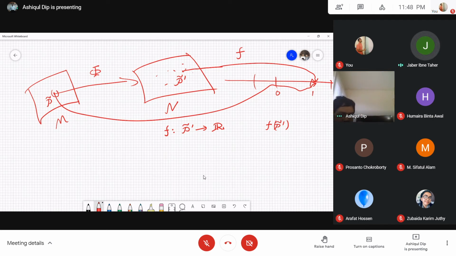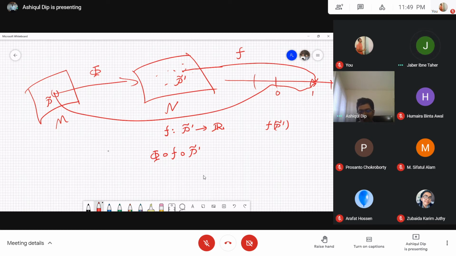At first we can go from P to P tilde prime, then from P tilde prime to R. So it will be if we apply phi on P tilde prime, and this thing. Right? This is the answer, right?